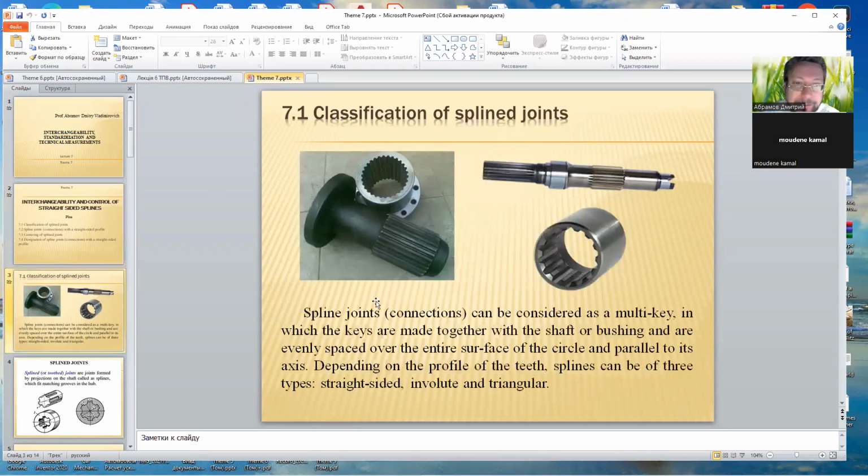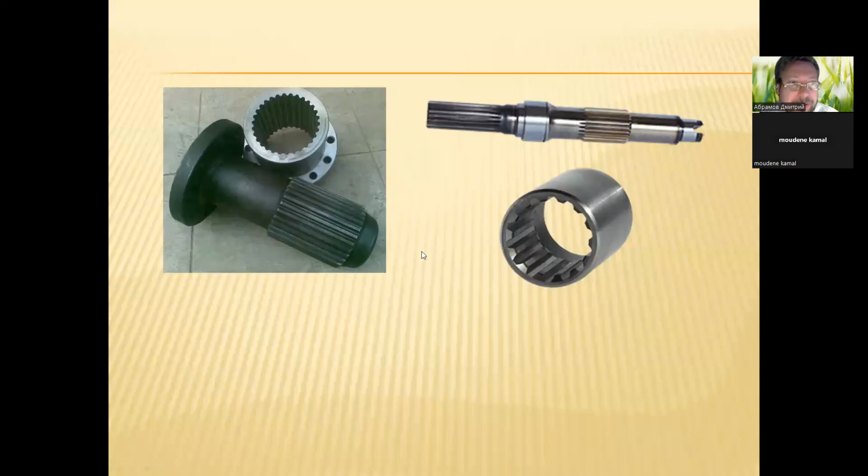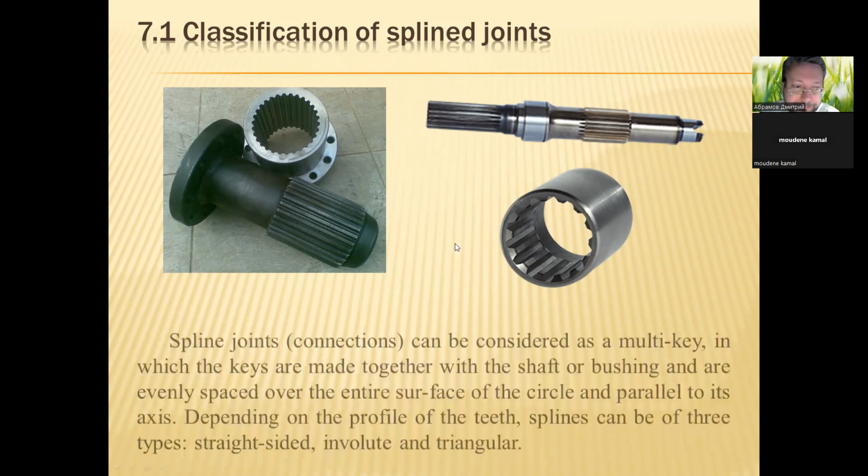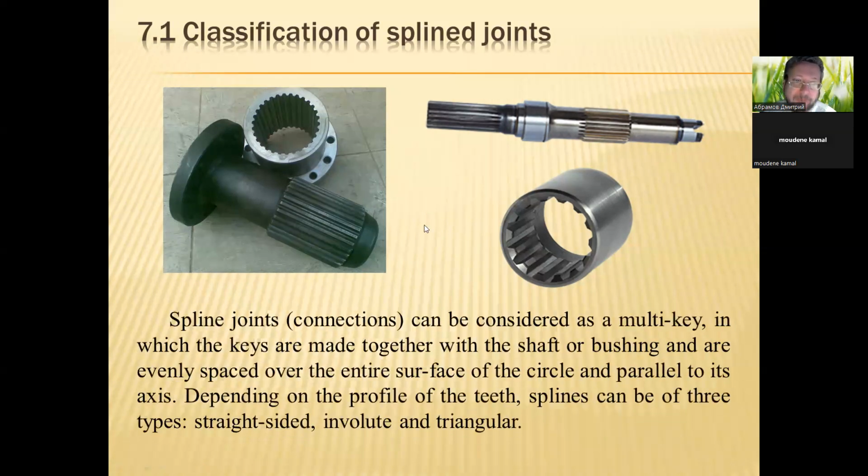Now we start item 7.1, classification of splined joints. What is splined joints?